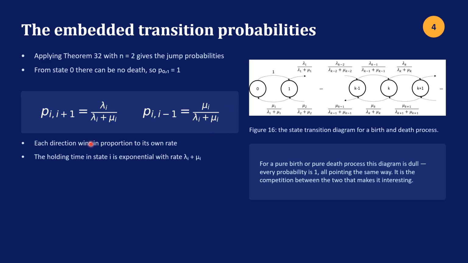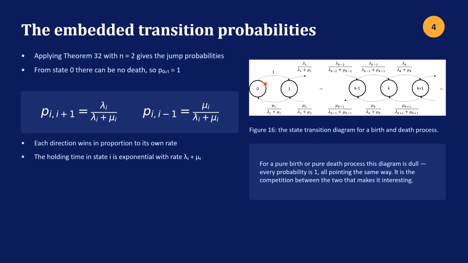So each direction wins in proportion to its own rate. The holding time in state i is exponential with rate lambda sub i plus mu sub i. That's from the first part of theorem 32.